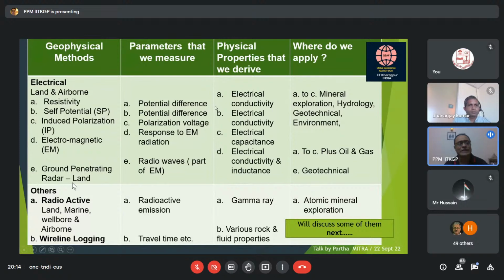Some of them, in fact the EM methods, are very popular in oil and gas applications. Now, ground penetrating radar is primarily a geotechnical tool. I have one slide which I'll share later on.